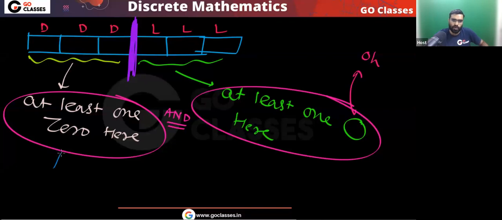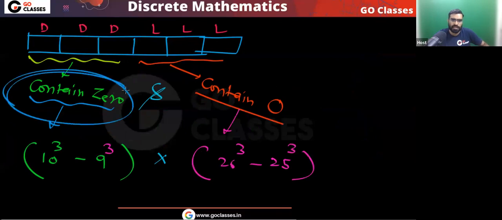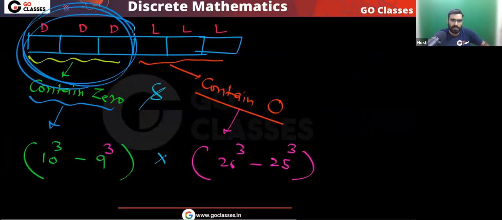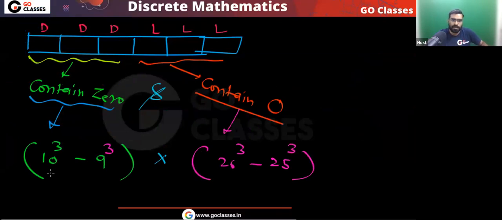If you want at least one 0 in these three positions, then very simple: total minus when 0 is not there. Just focus on these three positions, there is a complete separation.